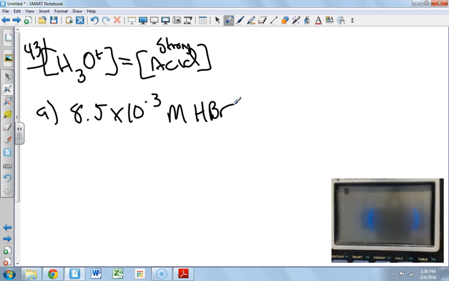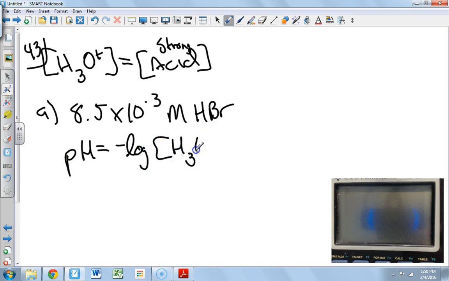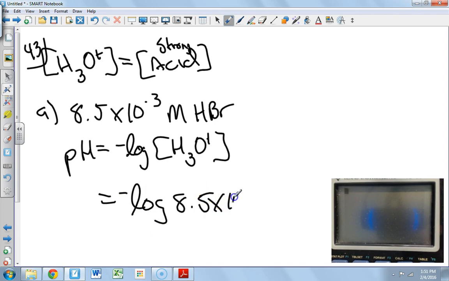Okay. So remember that pH equals the negative log of the concentration of the hydronium ion. Well, if we have the concentration of the acid, then we can definitely figure out the concentration of the hydronium ion, because they're the same. So in this case, the pH equals the negative log of 8.5 times 10 to the minus 3.